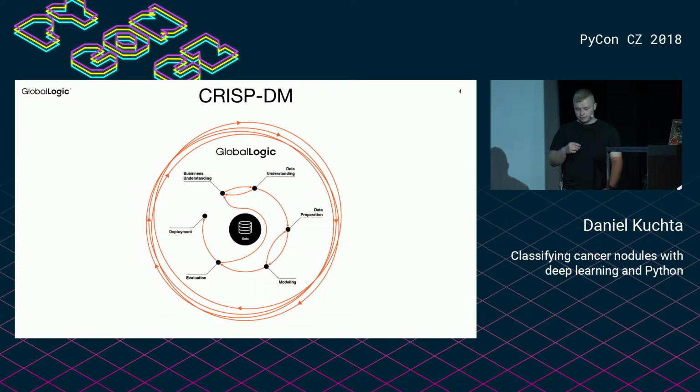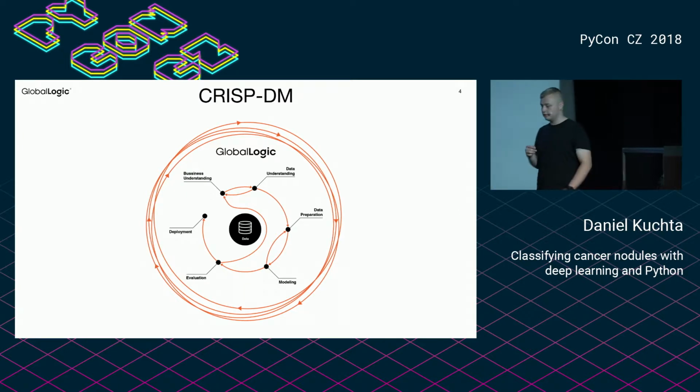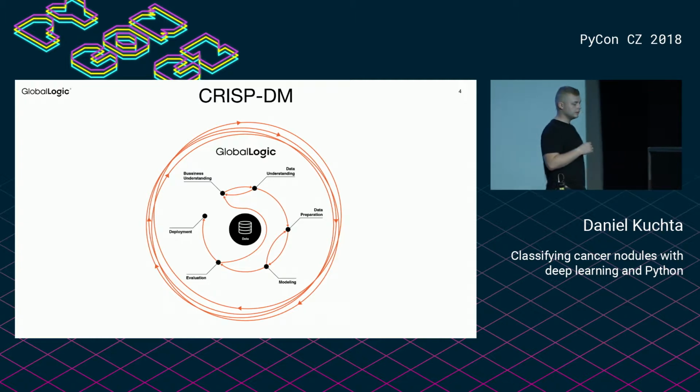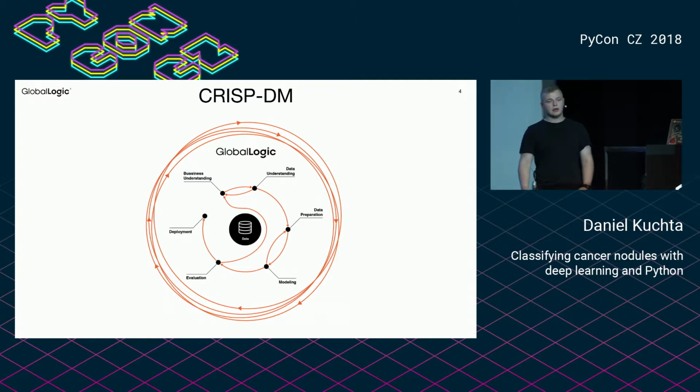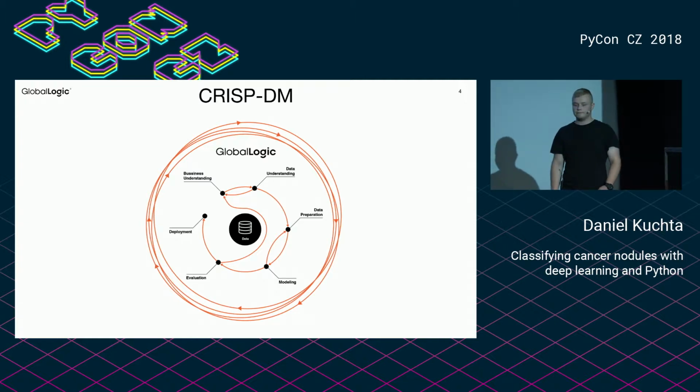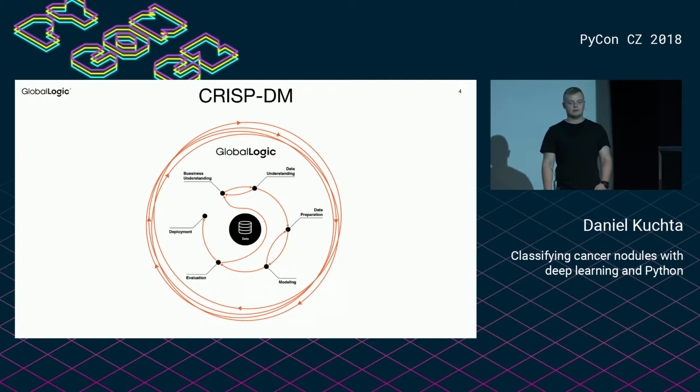One very rarely discussed thing is something called ML fairness, which is basically about analyzing your models for different subsets of your data set.